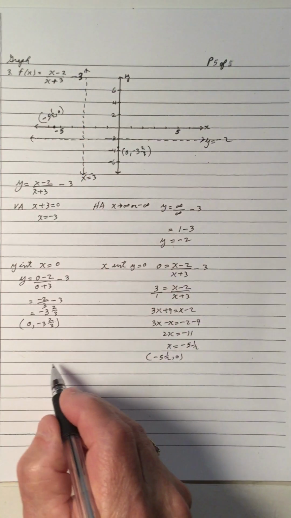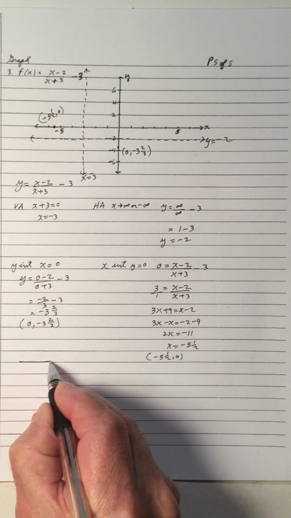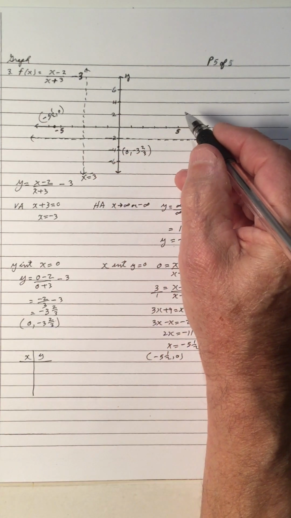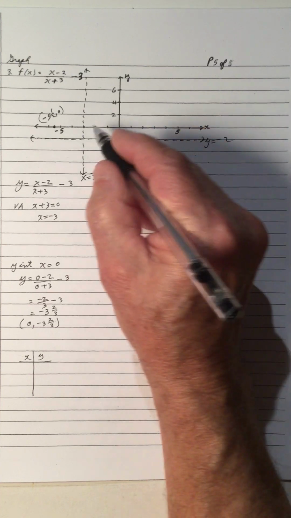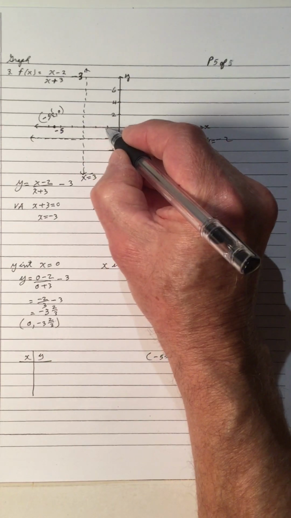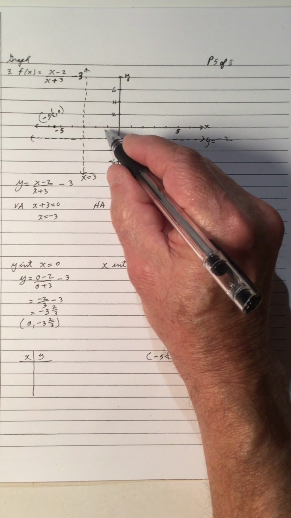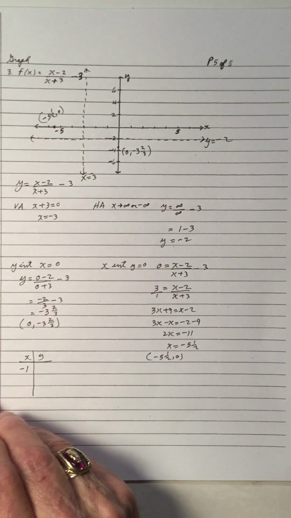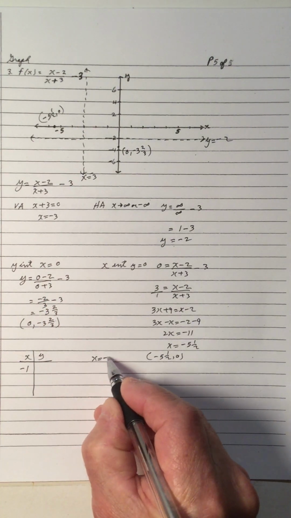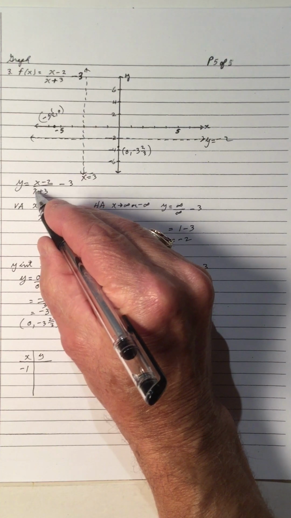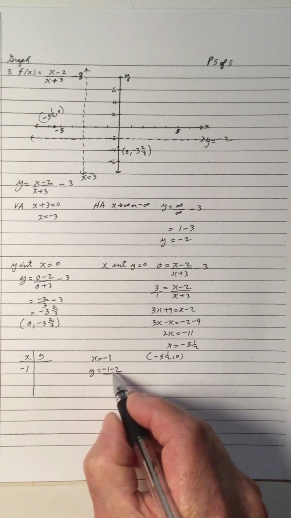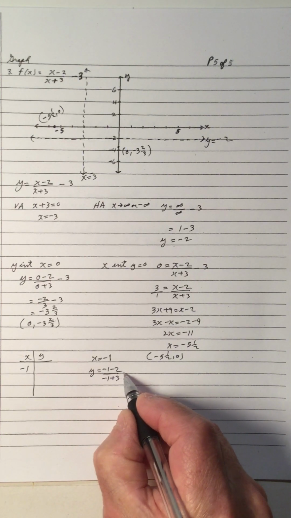And to check that out, let's do a couple more points on the grid. What about if we have, say, x equals negative 1? If x is negative 1 in the graph, what's y going to be? So we take this equation and put a negative 1 in the place of x. y equals negative 1 minus 2 over negative 1 plus 3 minus 3.